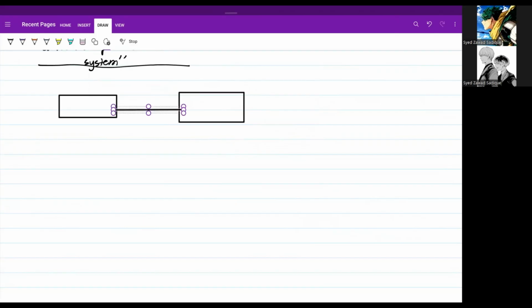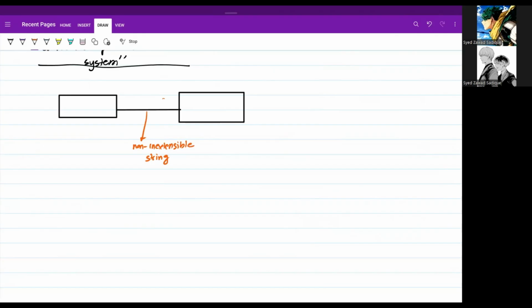non-extensible string. This is very important. Remember this term. You know what this means? A non-extensible string refers to a string that has negligible impact on the whole system.